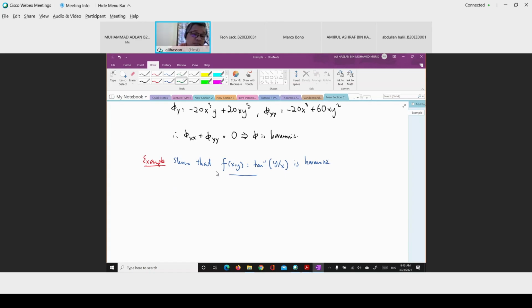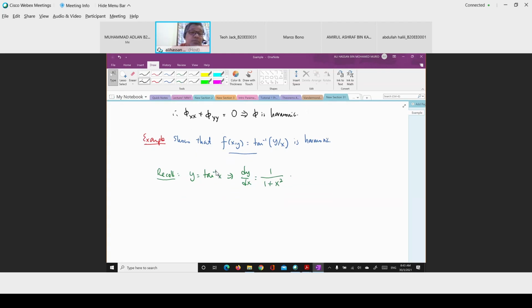So in calculus, recall that if y equal to the inverse tangent of x, what is dy dx? It's 1 over 1 plus x squared, right? Yes.